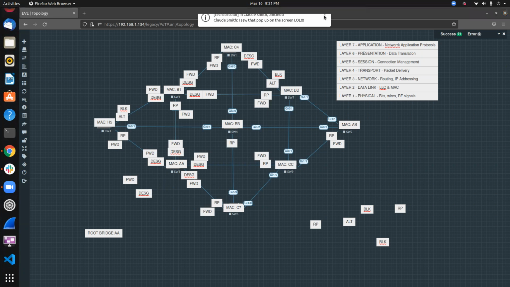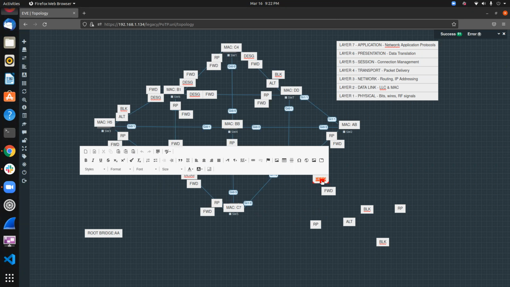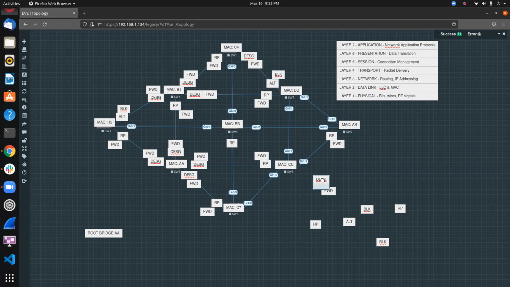I just see root port forwarding, so because of that I'm choosing to go in that direction, interface 1/1.